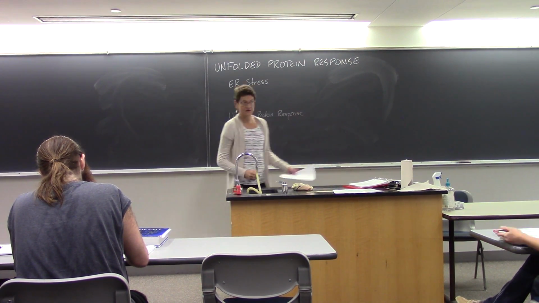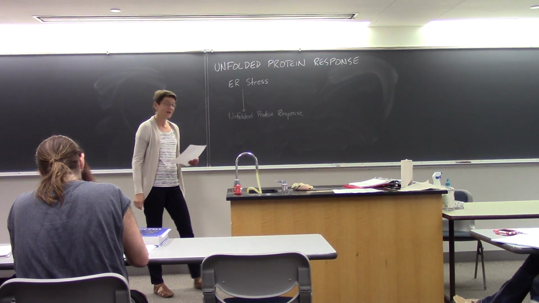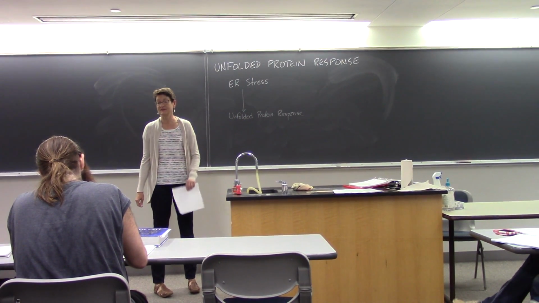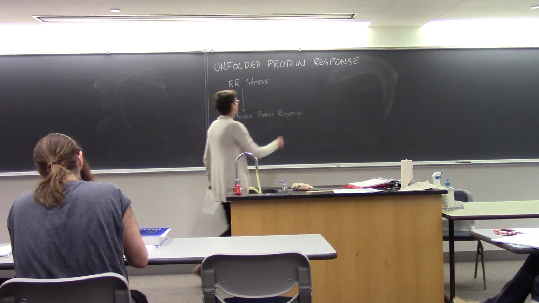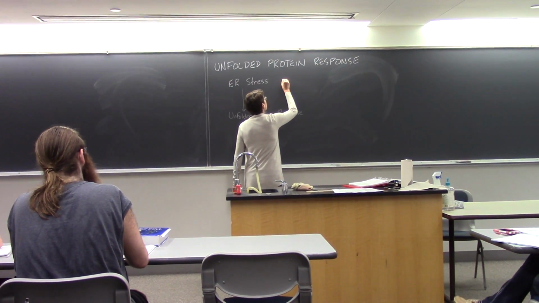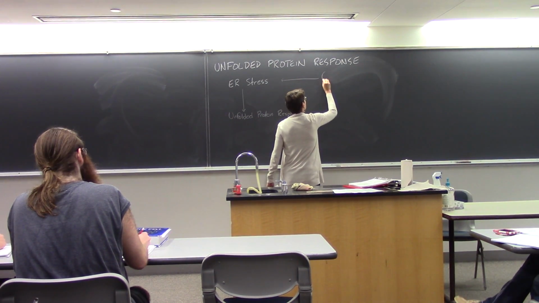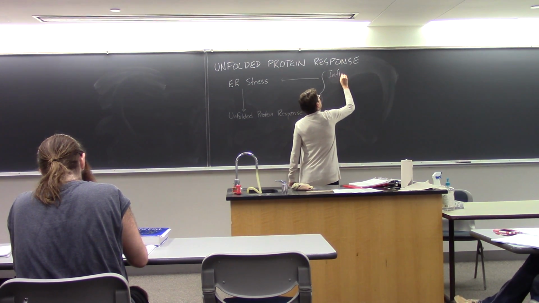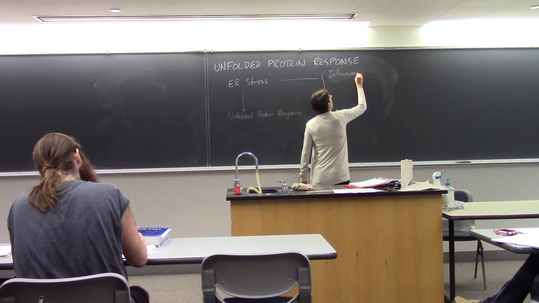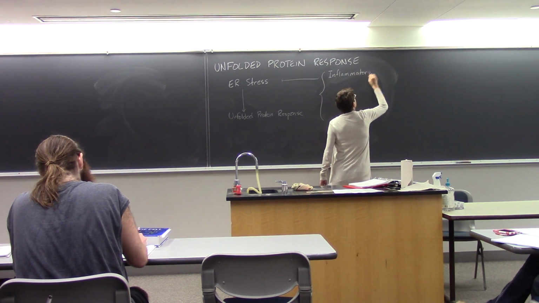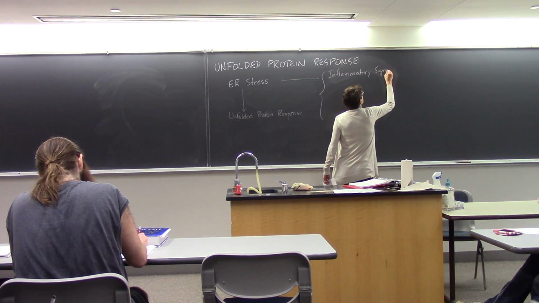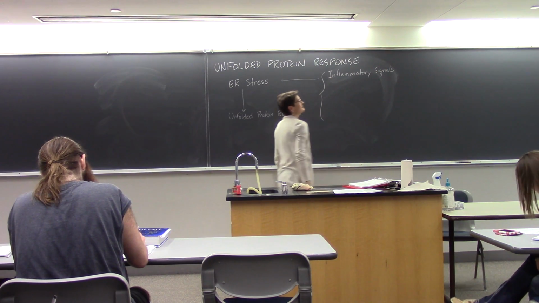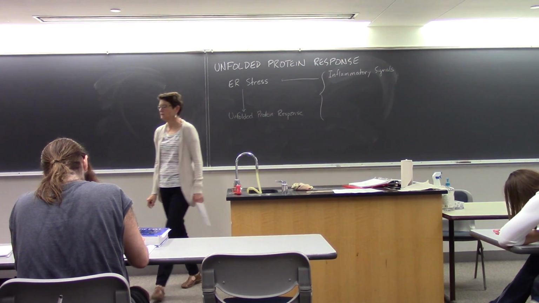Okay, so the first thing I want to look at, and my list is long, are what kind of stressors cause ER stress. Okay, so this is a huge list. Inflammatory signals cause ER stress.